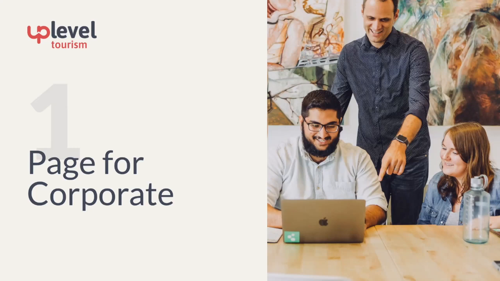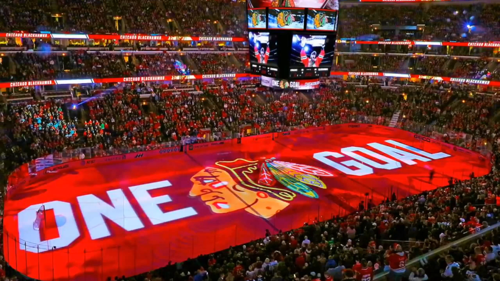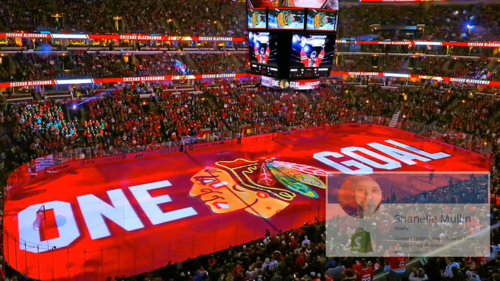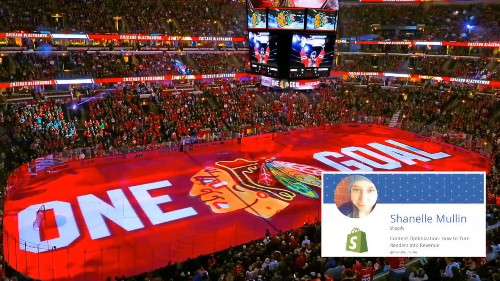And the idea is that behind that page, we want to have one goal. We want to make it easy for someone to read that page, understand that it's about them and what we want them to do. Where this idea of one goal comes from is a friend of mine who really promotes this. She's a content optimizer over at Shopify, and it's one of the principles they push there with a lot of their growth tactics: we need one page and one goal.